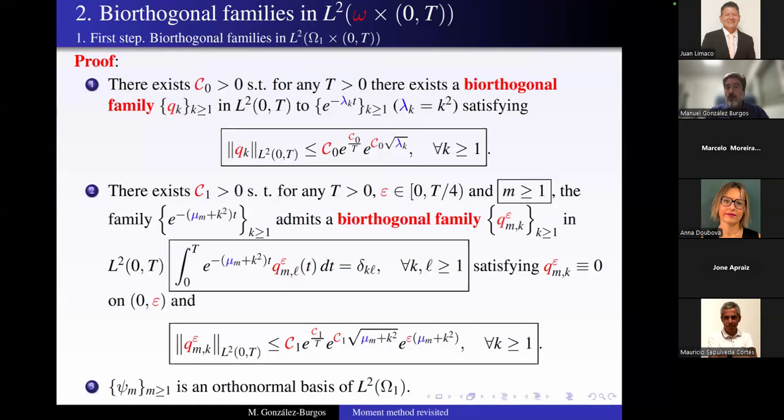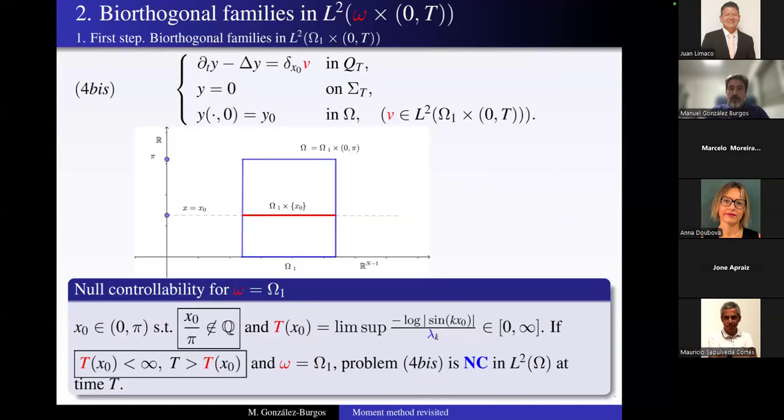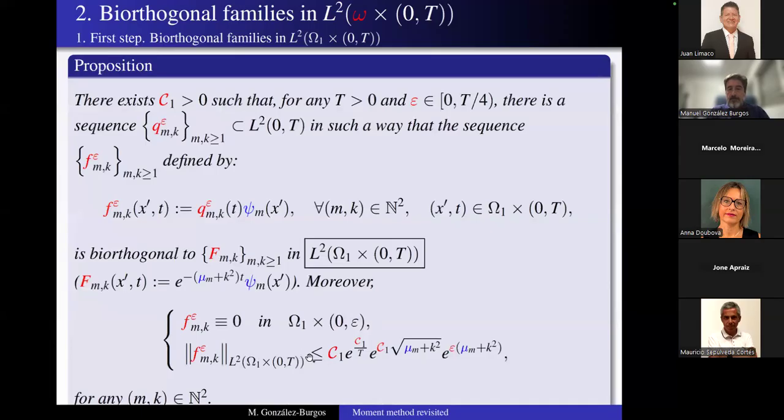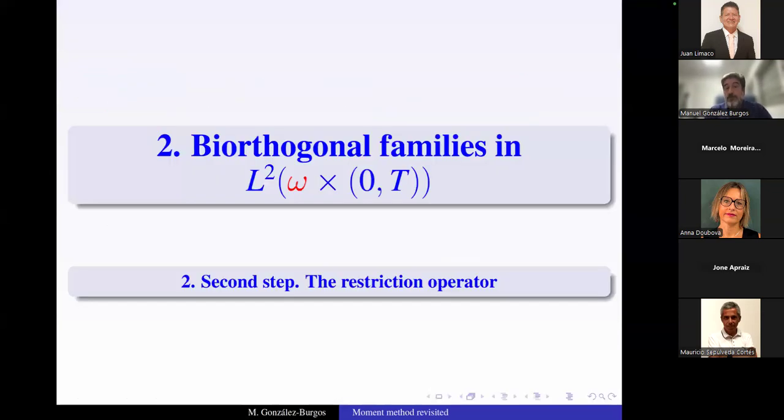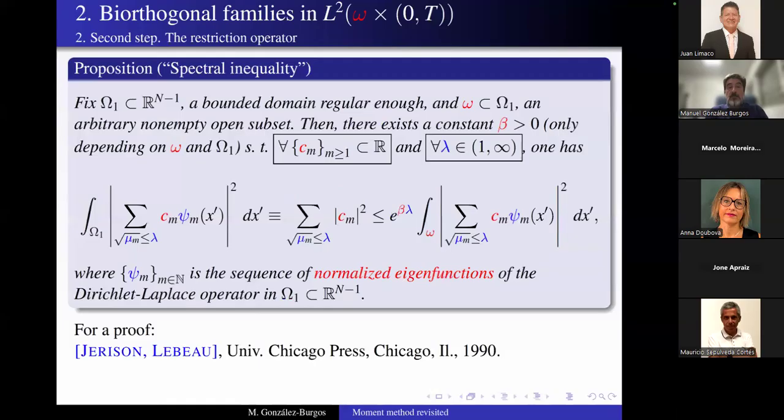Okay, as said before, we have to measure in some way the loss of orthogonality when we work in L2 of little omega. To do this, we are going to use the spectral inequality. We know the following result. Fix omega 1, a bounded domain regular enough, and omega a little open set of omega 1.